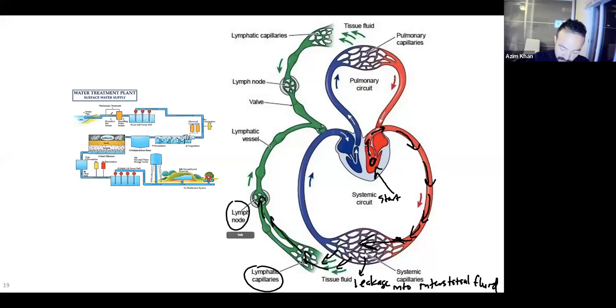It'll pass through lymph nodes, continue onto lymph vessels, and we have valves here to ensure one-way flow. And that will get returned back to venous circulation, back to the heart. Now, this is just one simplified view. This is happening all over our body, in our heads, our arms, legs, everywhere.